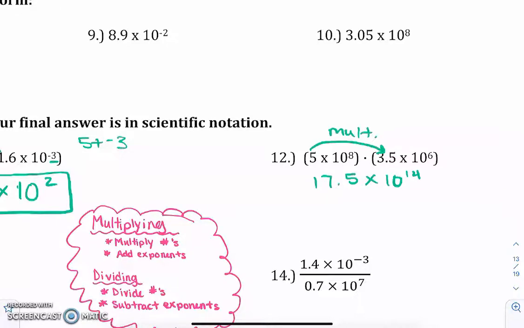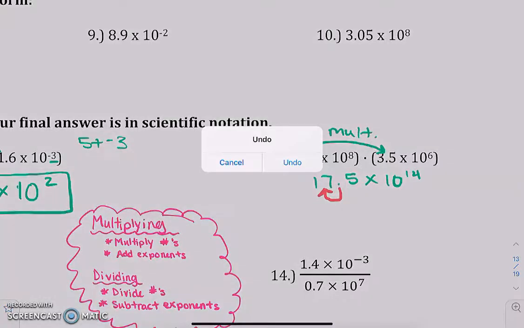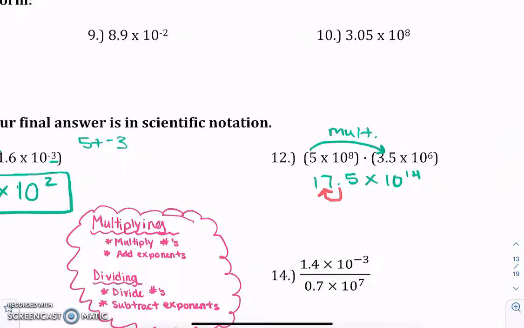So what needs to happen is we actually have to move that decimal place over one place in order to keep this in the correct form. So when you move the decimal, that's a place value. So that means your exponent also needs to be altered because the exponent represents your place values. So if you moved it one place, you have to add one place to your exponent.